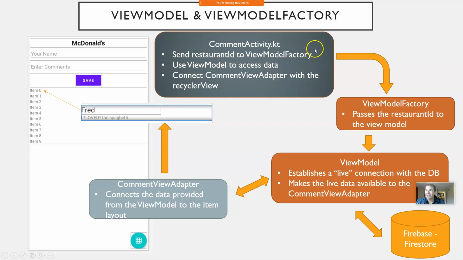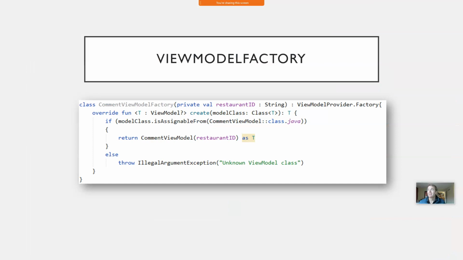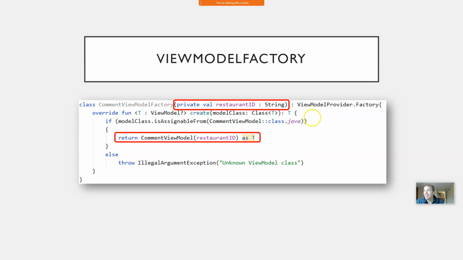So we've got our restaurant ID, and we need to pass it into a view model factory. To create our view model factory, it's mostly boilerplate stuff. Really, the only thing that changes is what you pass into it, and what you pass out of it to your view model. So in red is all that you really have to modify when you're setting up these view model factories.